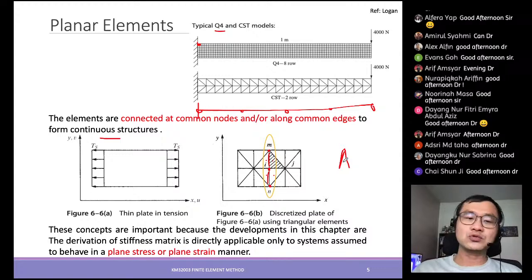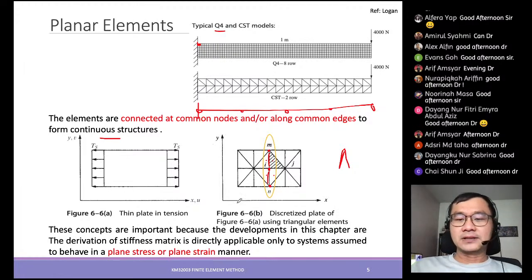So we want to make sure they share it, so that they displace or transform with the same degree of values. So this concept is very important to ensure that the derivations are proper, so that they can be solved properly.